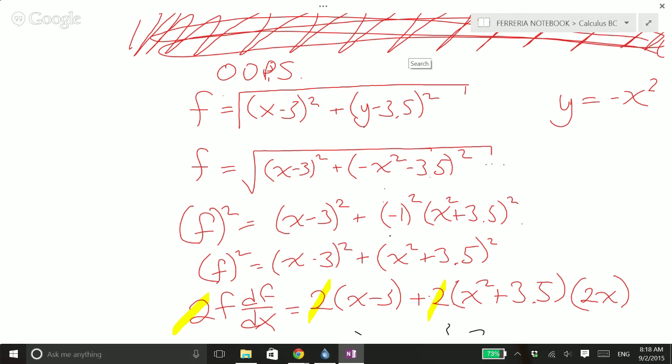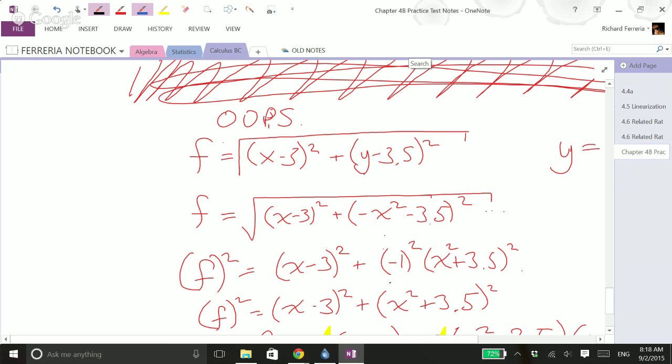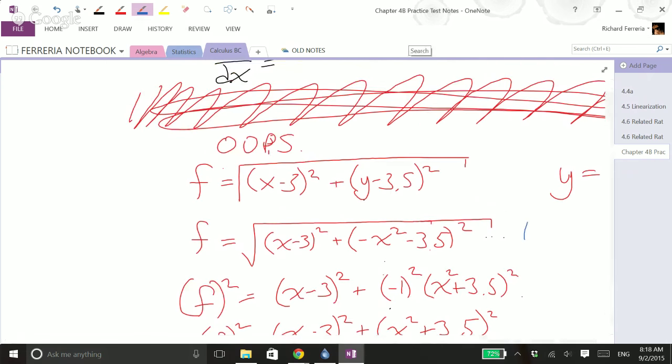Okay. Notice here we have the quantity negative x squared minus 3.5, squared. Let's do this on the side: negative x squared minus 3.5, squared.